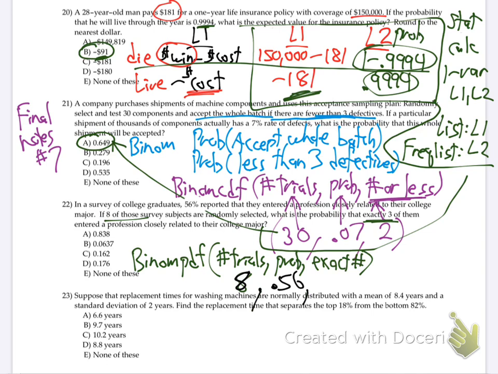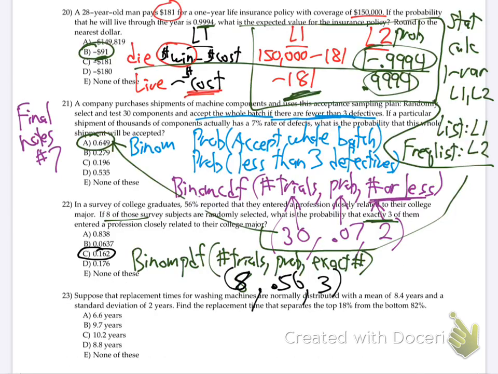And what exact number? We want 3. So there we go. And what's the answer on that one? C? 0.162? This all coming back? Like a sweet memory from the past? All right. On we go.